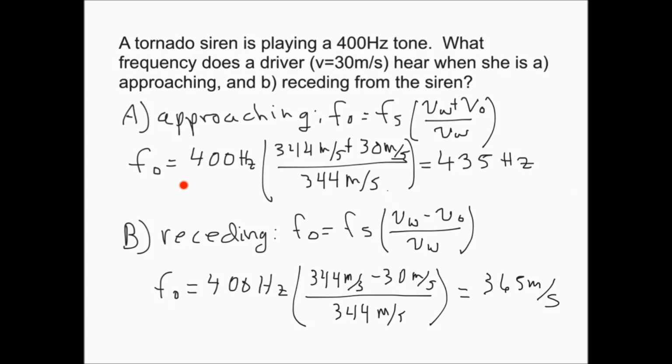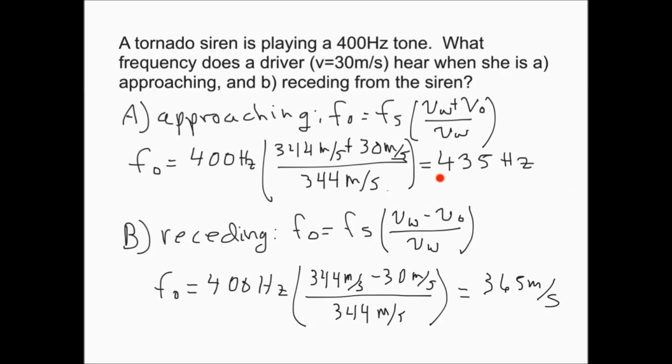For an approaching observer, we get 435 Hertz. Similarly, if the observer is receding, we get a minus sign where we had a plus sign, and so the frequency observed if the driver is driving away from the tornado siren is 365 Hertz.